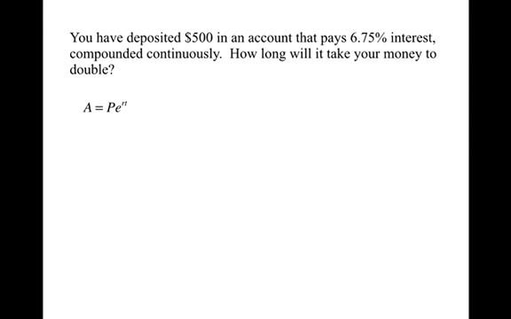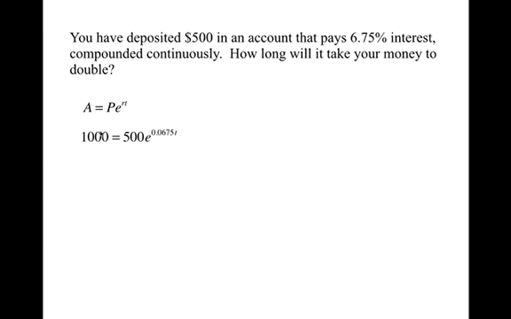Now let's try a word problem application. So going back to our basic continuous compounding interest problems, we have an initial deposit of $500 and it pays this much interest. It's continuously compounded, so that means we use this formula. This is the continuously compounding interest formula. How long will it take your money to double?